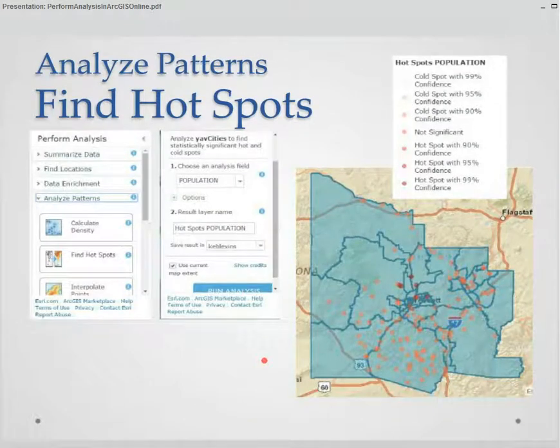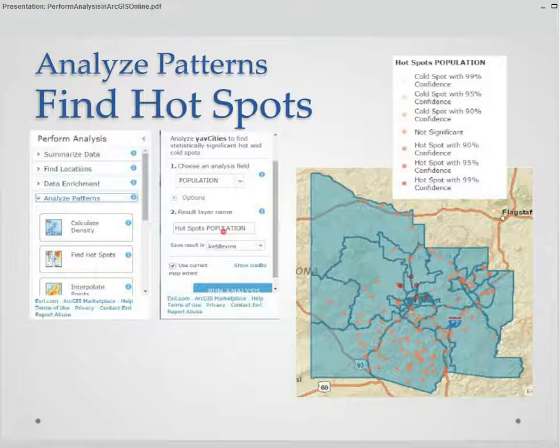So finding hotspots, again, this gives you the input. I clicked on Find Hotspots. The analysis layer are the Yavapai cities, which is point data. Now my analysis field is population. And in this one, I believe it has to be a numeric value. I think the only options were numeric fields.